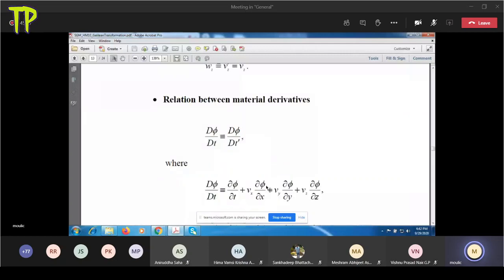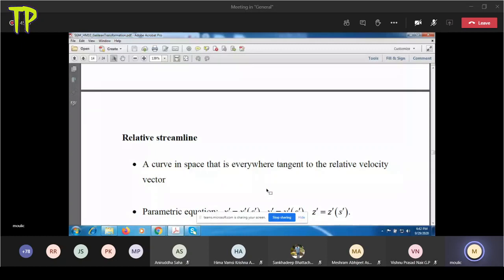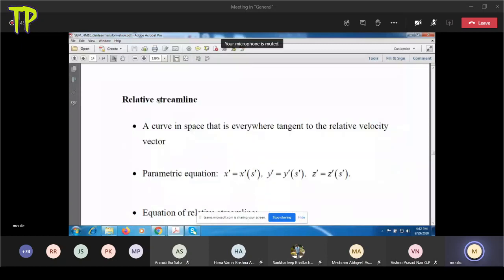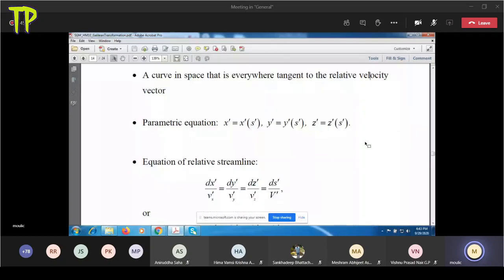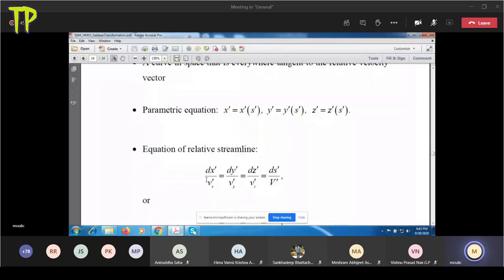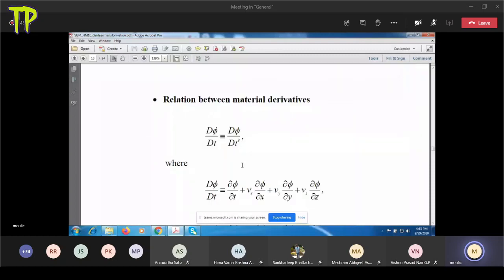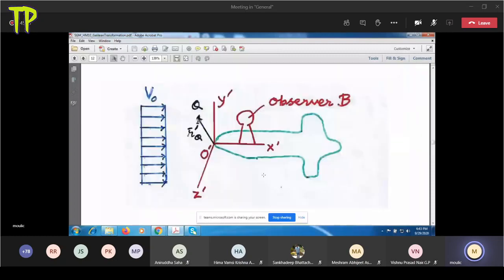Now I have introduced this term which I call relative streamline. You can think of it as a curve in space that is everywhere tangent to the relative velocity vector. Okay. So if I use in this translating frame the velocities as measured by observer B, then the equation of the streamline will be similar to what we have seen before.